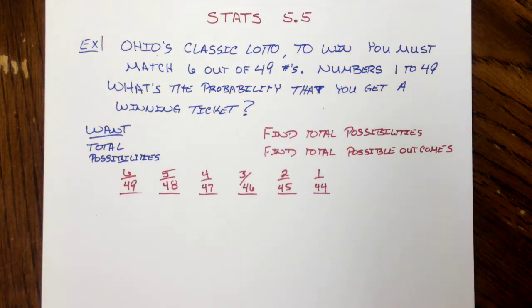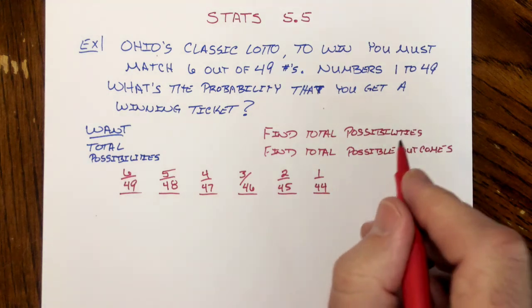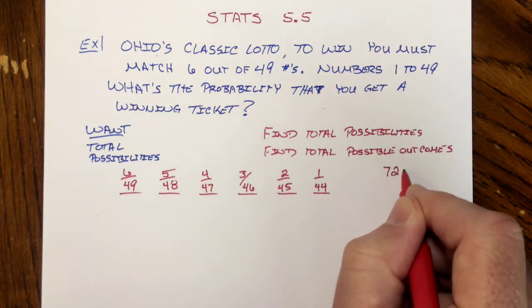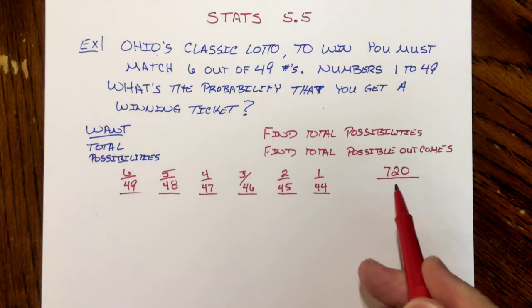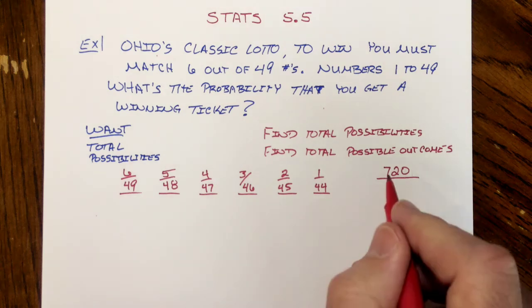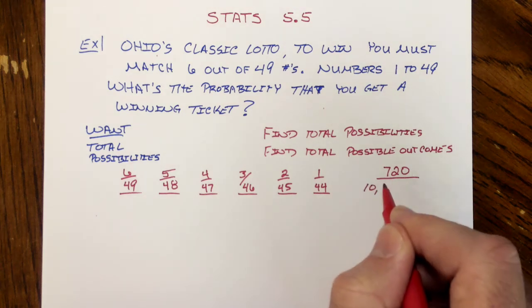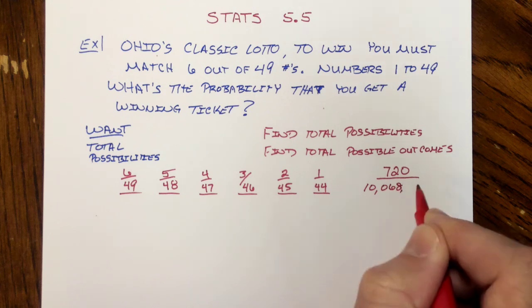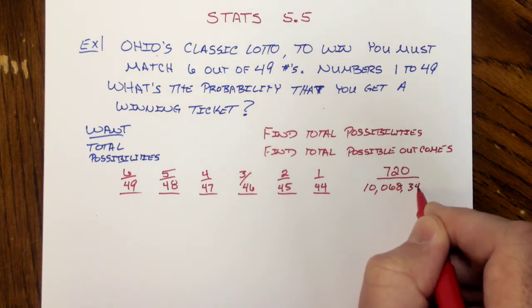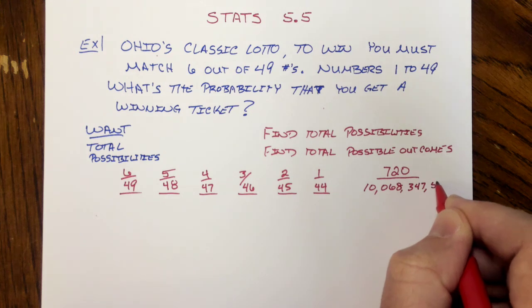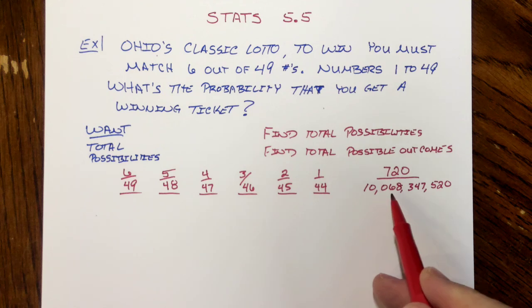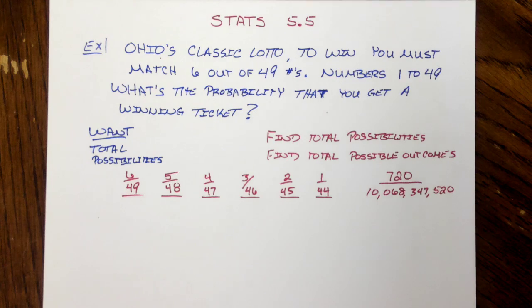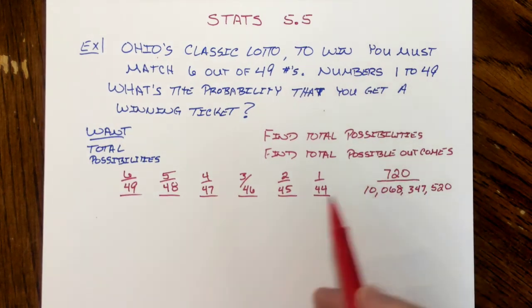As we do this, if you did all the multiplication through, you get 720 as a numerator, 6 times 5 times 4 times 3, or 6 factorial, think of it that way, over 10,068,347,520 possible outcomes.